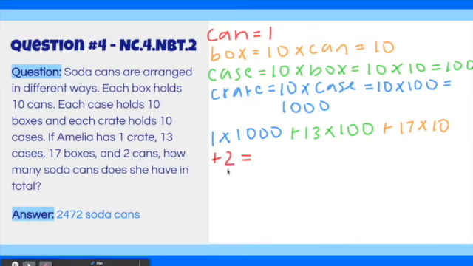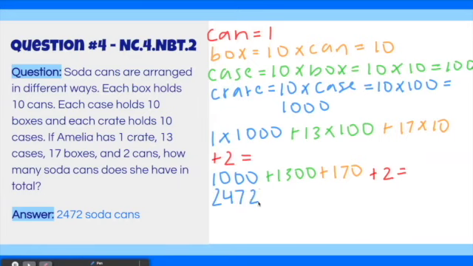Then, when you multiply them out, you'll get 1,000, because 1 times 1,000 is just 1,000, plus 1,300, because 13 times 100 is 1,300, plus 170, plus 2, and when you add those together, you will get 2,472, which is the number of cans Amelia has. Okay, on to the next question.